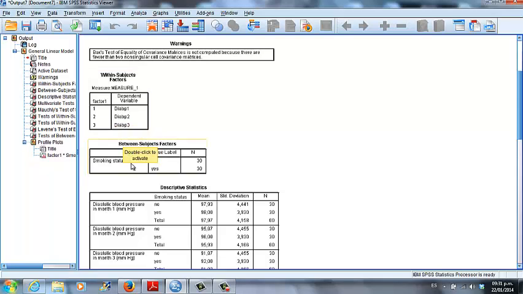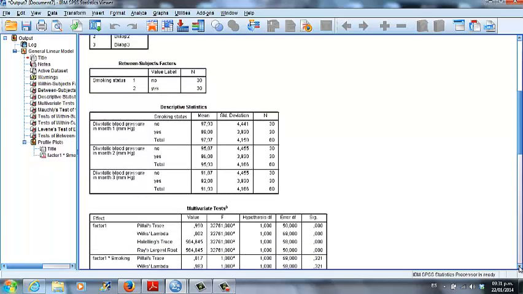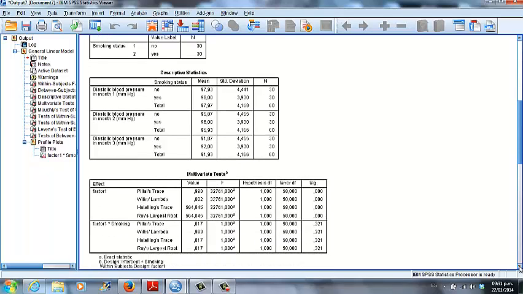We have a between subject factor, which is the categorical variable smoking status, 1 for non-smoker, 2 for smoker, 30 observations each. The next table is descriptive statistics, as we have selected it, and we see the diastolic blood pressure of month 1 for non-smokers and smokers, diastolic blood pressure of month 2 for the non-smokers and smokers, and the same for diastolic blood pressure month 3.